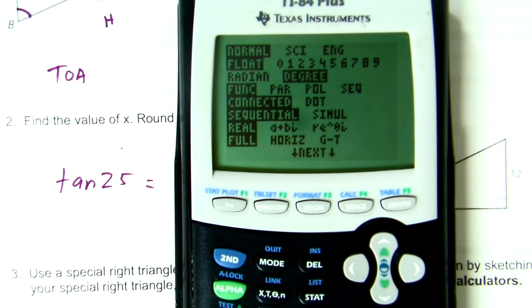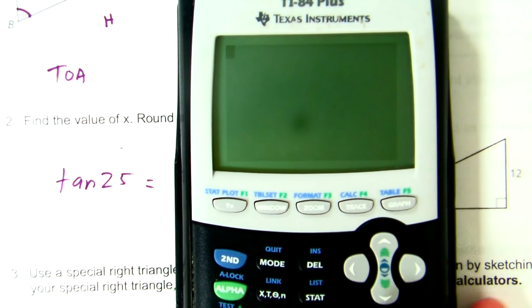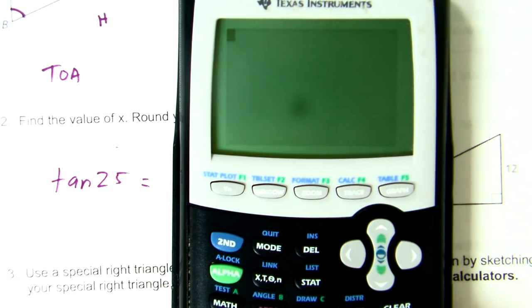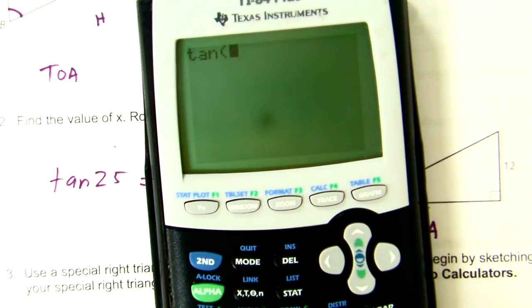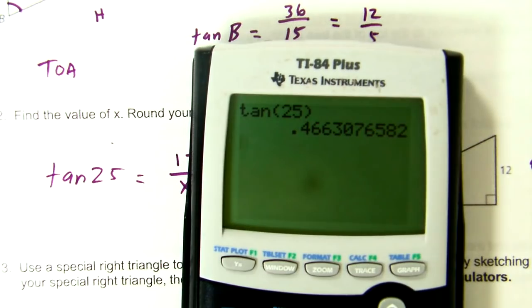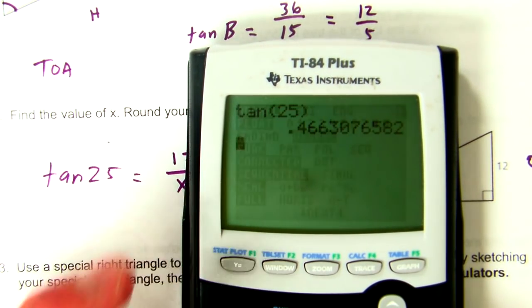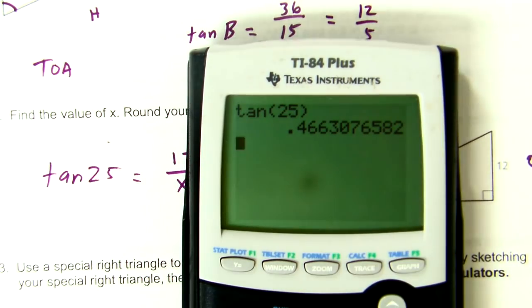Mr. Bernhard or I can help you with that. Basically, when you hit tan 25 on your calculator, you should get this number. If you get this number, then you're in degree mode. If you do not get this number, your calculator's in the wrong mode and we need to change it.